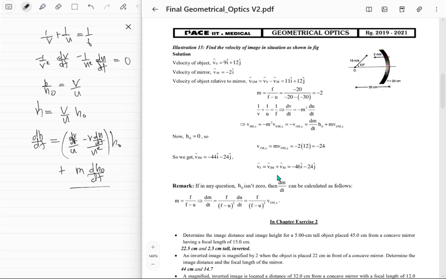Or maybe this actually cancels out to be zero. Let's see. Maybe that's what's going on. So dv upon dt, that's just equal to negative v squared upon u squared times du upon dt. So just putting that in there, what do you get? du upon dt common, and then negative v squared upon, yeah, it doesn't look like it's going smoothly. It's just negative v squared upon u cube, and this thing is just negative v upon u squared.